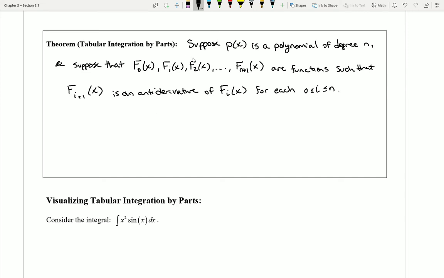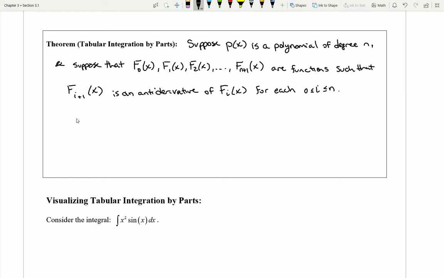Take that antiderivative, I get f2. Take that antiderivative, I get f3, and so on. Or you could imagine going in the opposite order. Take the derivative of f n plus 1, you get f n. Take the derivative of f2, you're down to f1. Take the derivative of f1, you're down to f0. So these functions are related by derivatives or antiderivatives, depending on which order you're looking at them in.